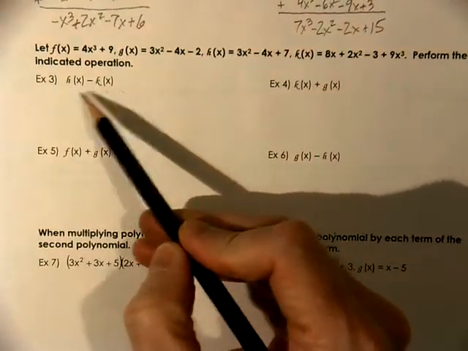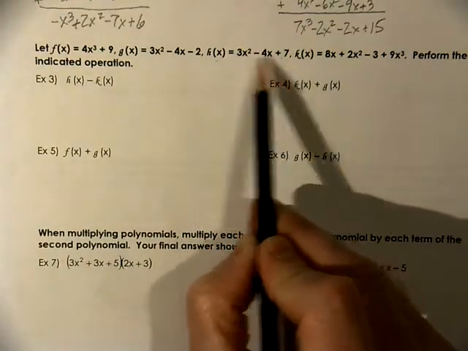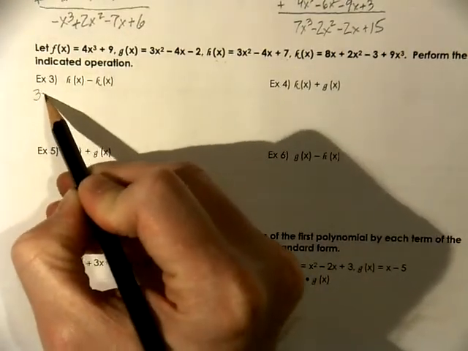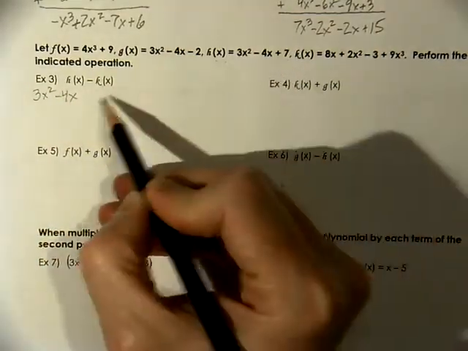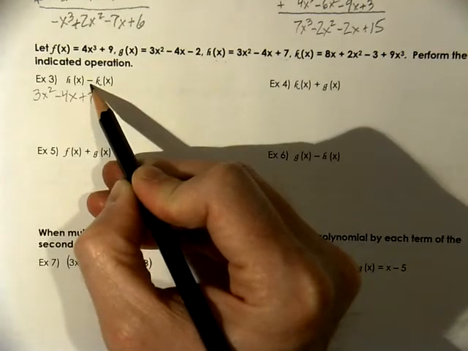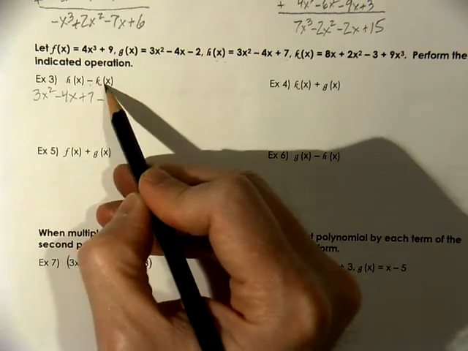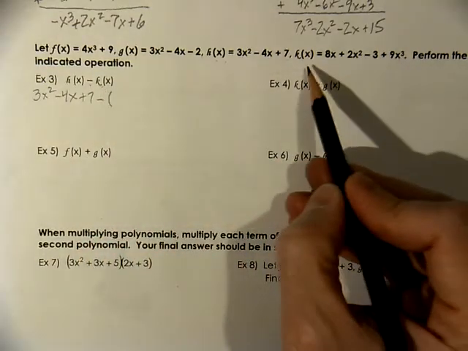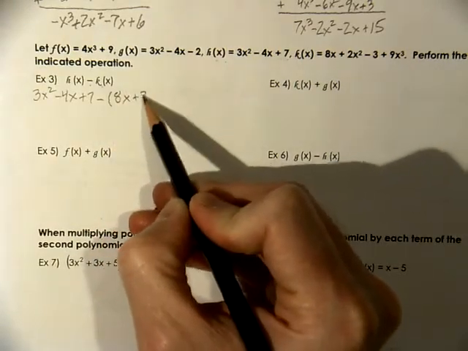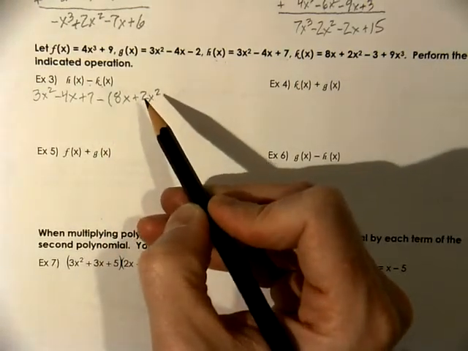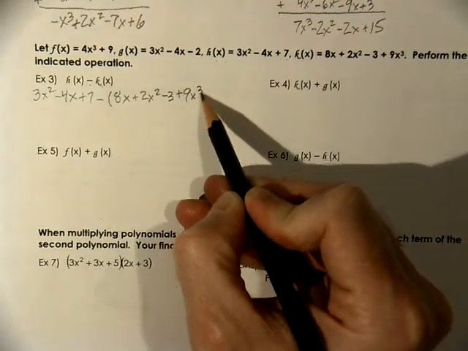Here we're going to be working with function notation, h of x. H of x is this polynomial. So we have 3x squared minus 4x plus 7, and we're subtracting, so you have to use parentheses because we're subtracting the k polynomial, which is 8x plus 2x squared minus 3 plus 9x cubed.